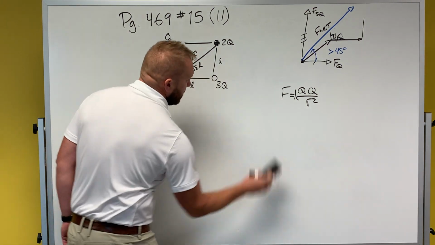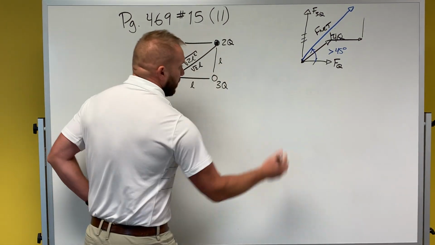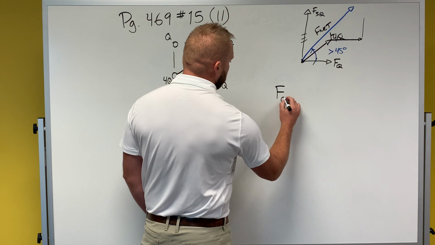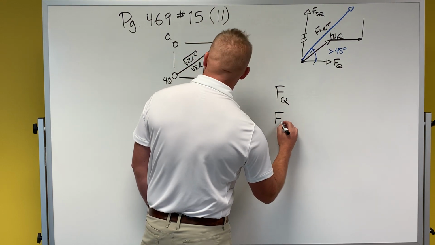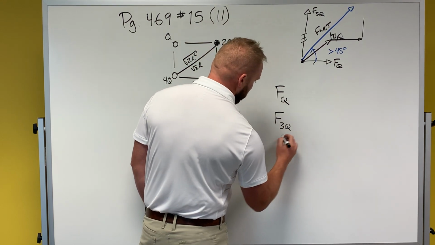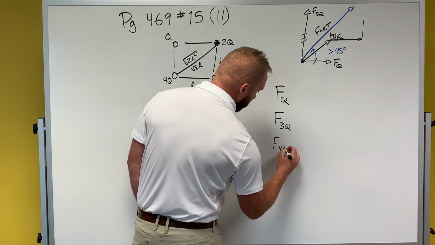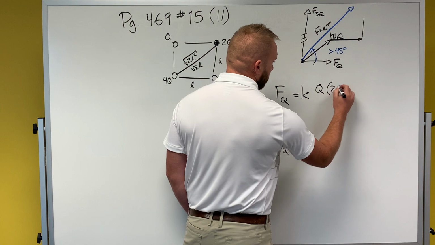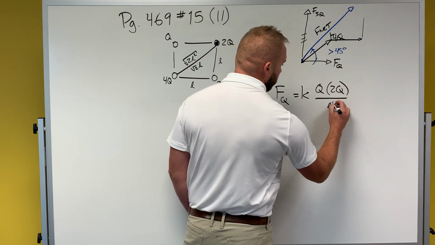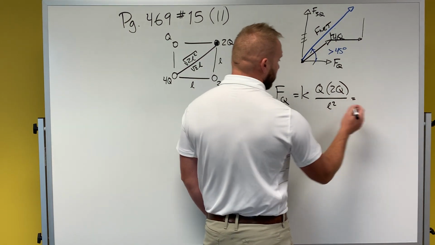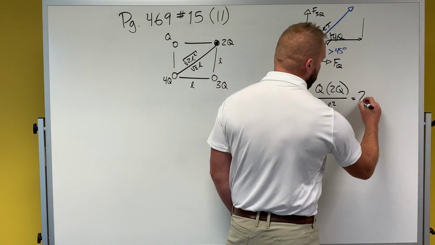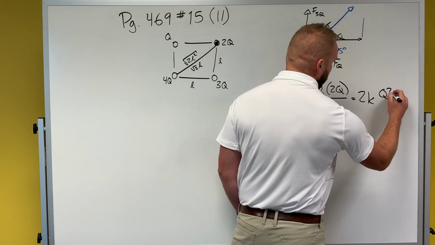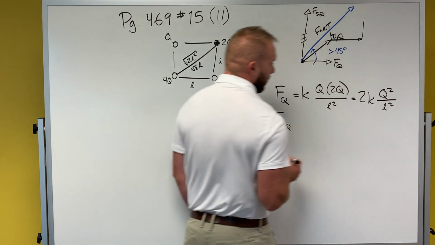So let's now solve for each individual force: FQ, F3Q, and F4Q. FQ is going to be K, Q, 2Q over L squared, which simplifies as just 2KQ squared over L squared. Okay?